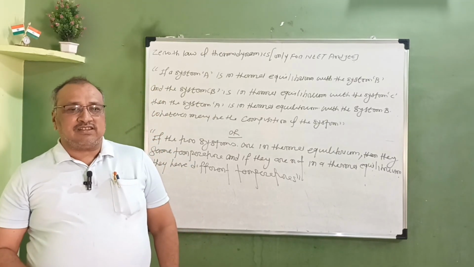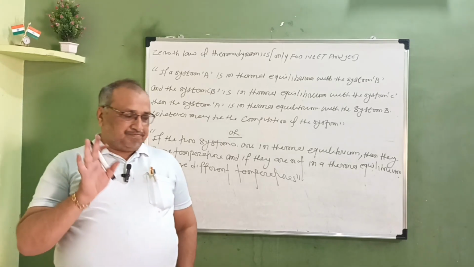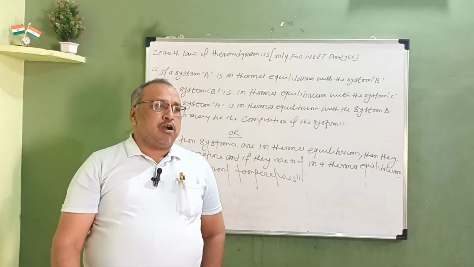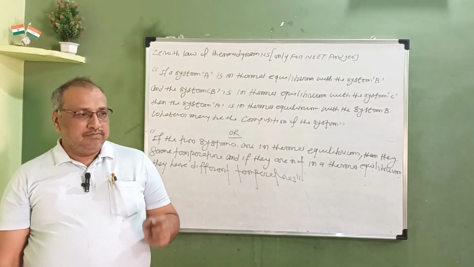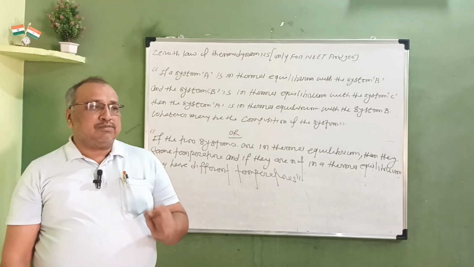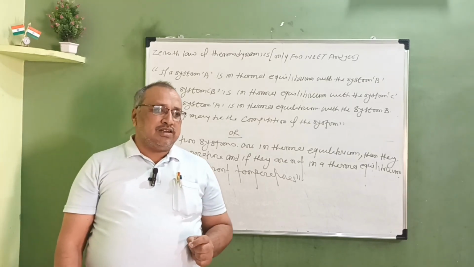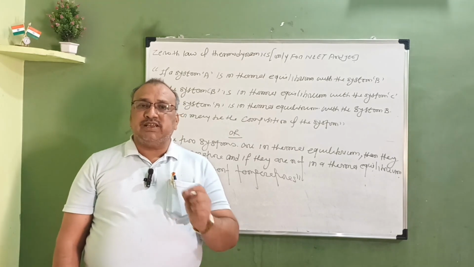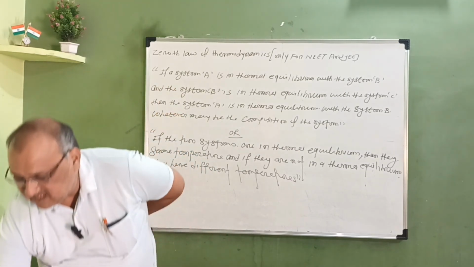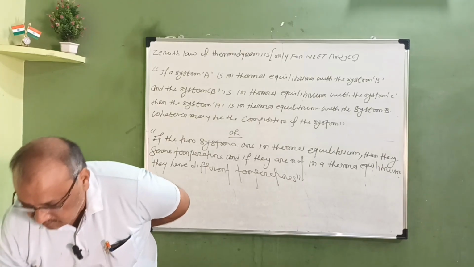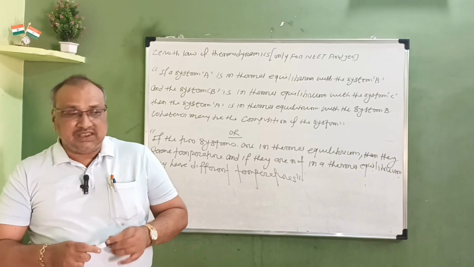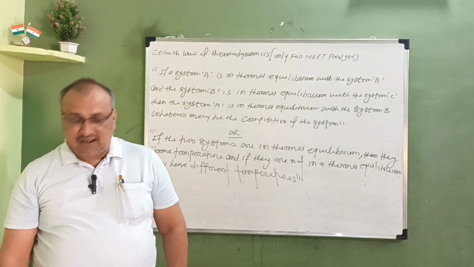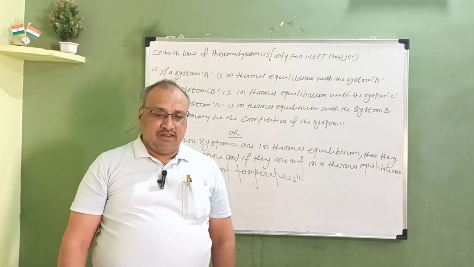And then next, zeroth law of thermodynamics. Keep in mind the name of the device, that is bomb calorimeter, is used to measure the change in internal energy delta U of a chemical reaction, and the remaining part of this unit will be discussed in the next lecture.